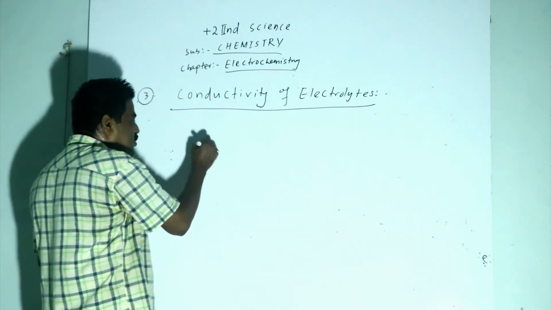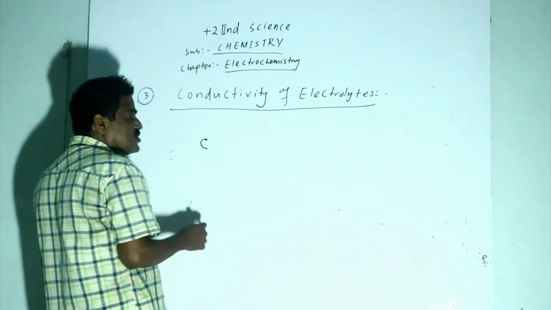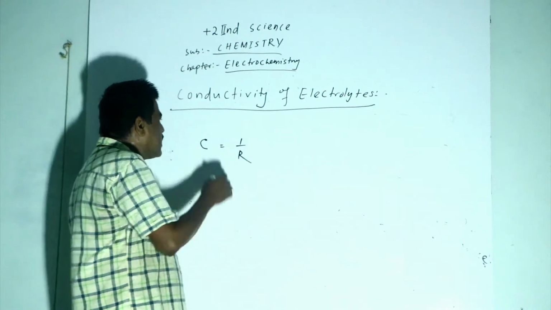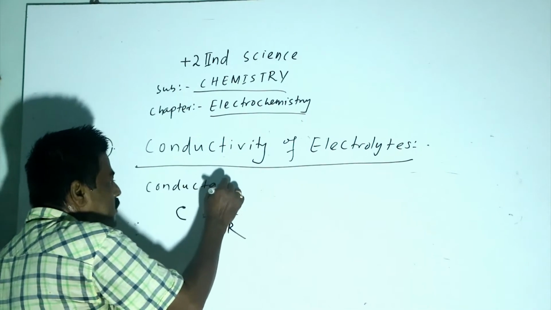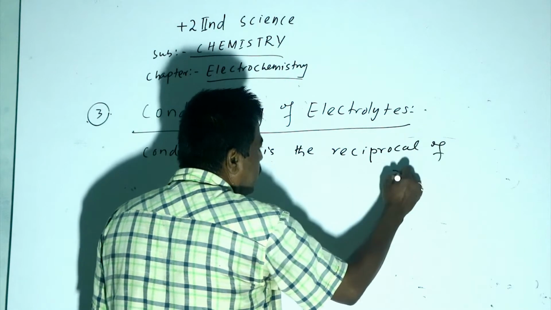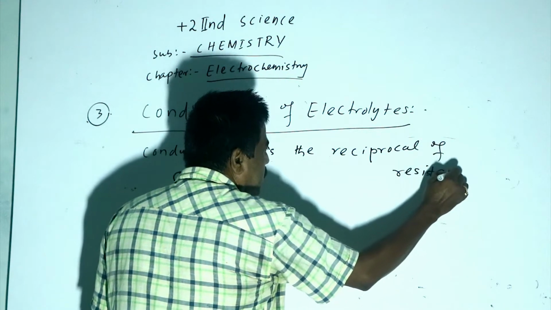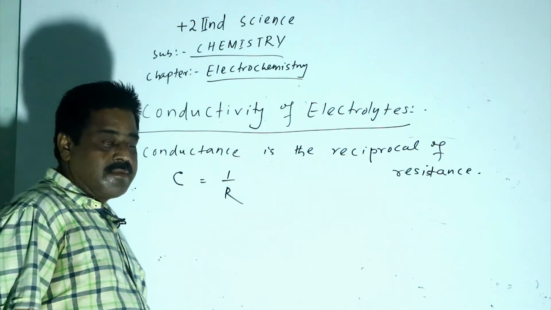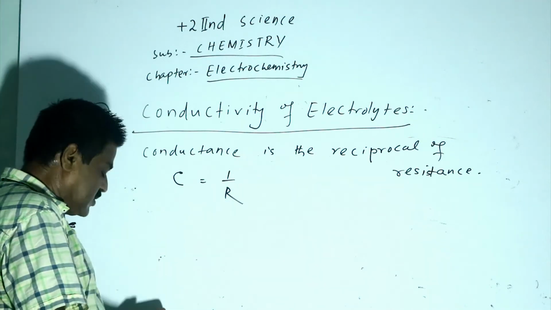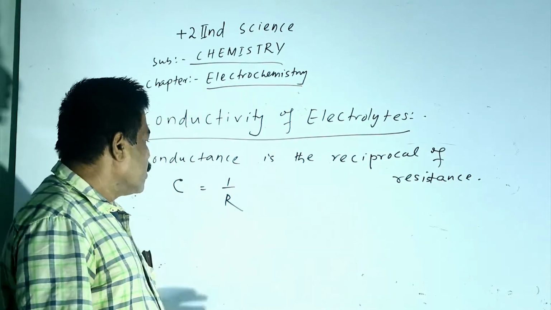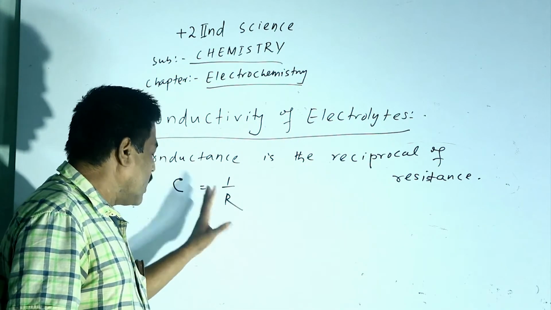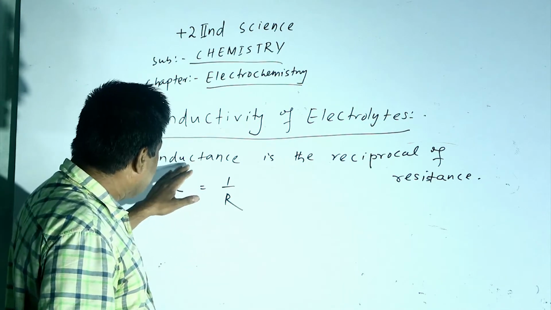Conductance is represented by the term C, and conductance is the reciprocal of resistance, that can be represented as 1 by R. So here C is equal to 1 by R. What it means?